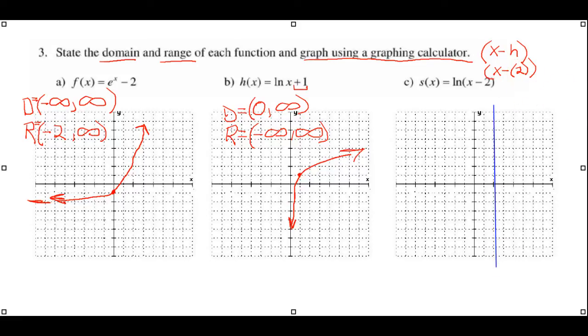And our curve will come up and go through this one here and look like so. So what's the domain? What's the range? Well, again, the domain is shifted because of this negative 2 here to a positive 2.